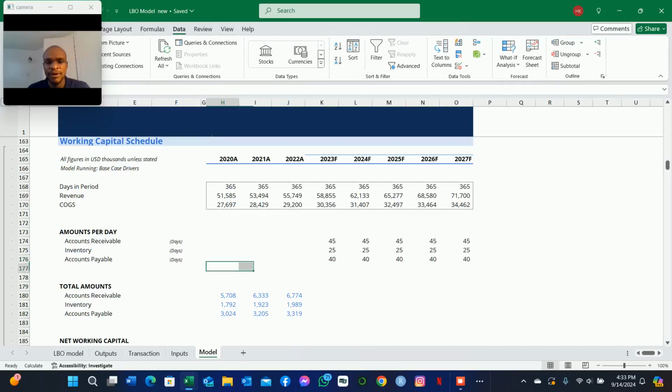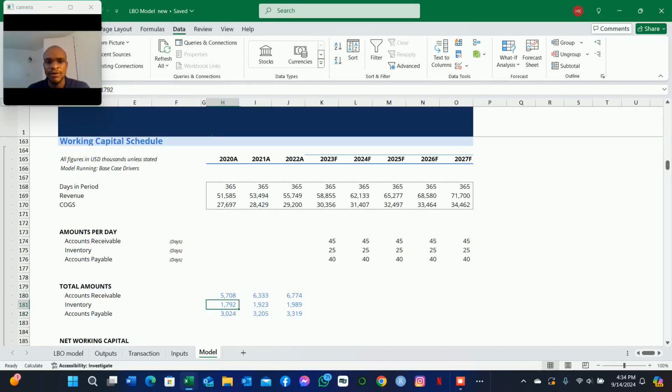Also, how long this company will take on average to pay its creditors. We can just determine it using our historic balances from the balance sheet. So we have it set up here.